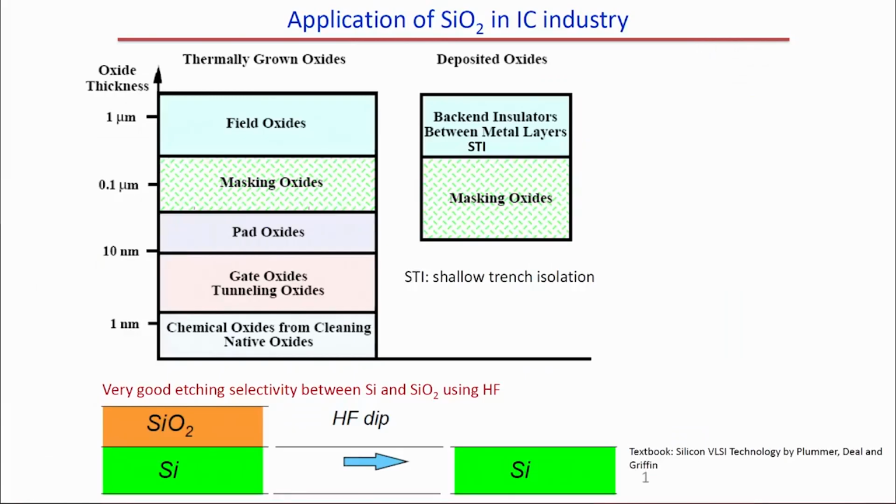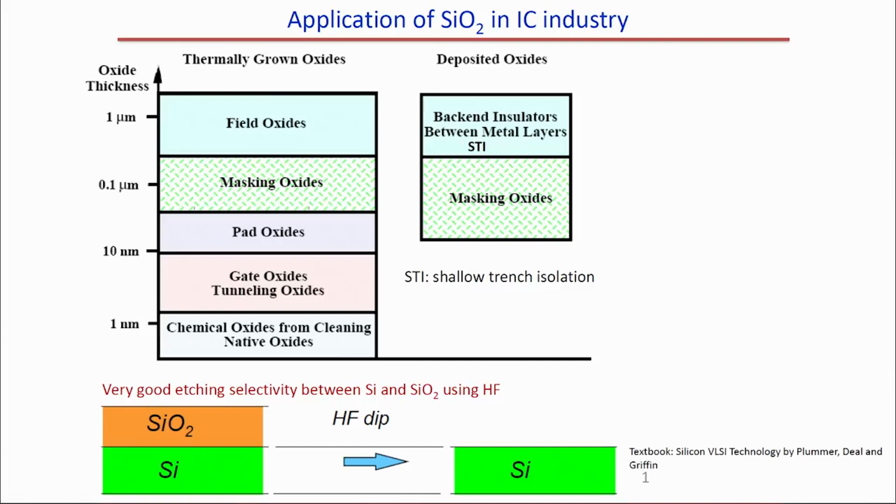Then we have also seen that for fabricating any sensor, including MOSFETs, we need oxides. It can be gate oxide, field oxide, or masking oxide, and based on the application of the oxide we are using, we can use different thicknesses of oxide.